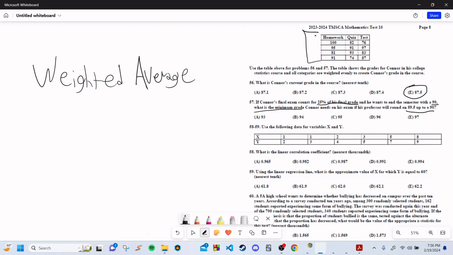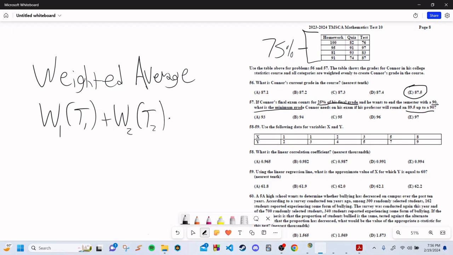So all of this stuff right here, well, if the final exam is 25% of his grade, then this stuff is 75%. And also the formula for weighted average is weight 1 times thing 1 plus weight 2 times thing 2. You just add it all up, and that'll be equal to your grade.